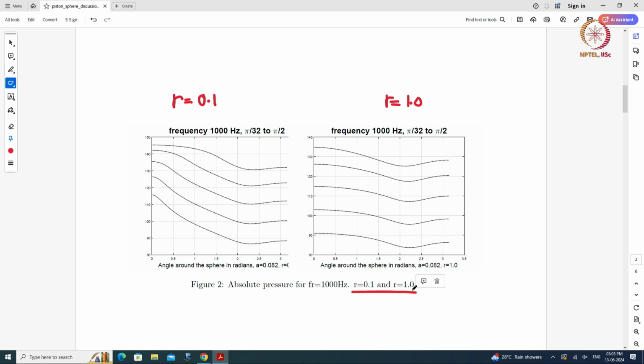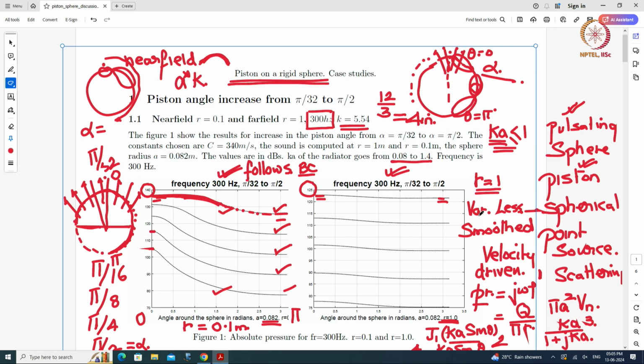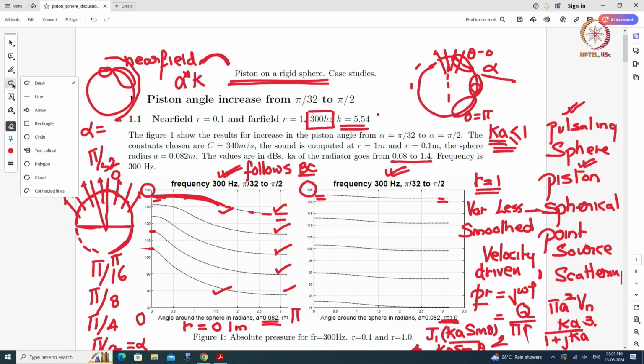Here the wavelength is, I should make a correction, my mistake, about 3 feet. At low frequency the wavelength is long, about 3 feet, almost a meter.